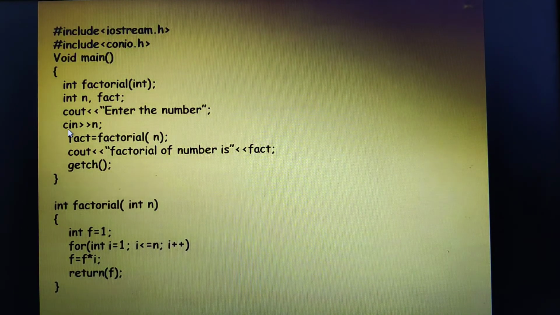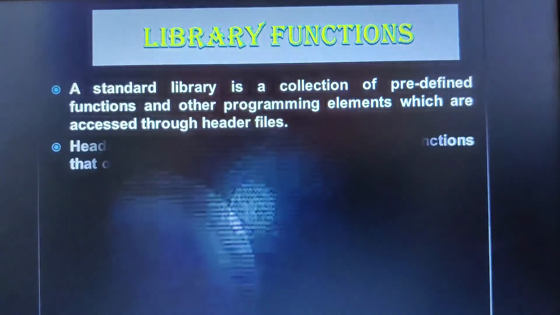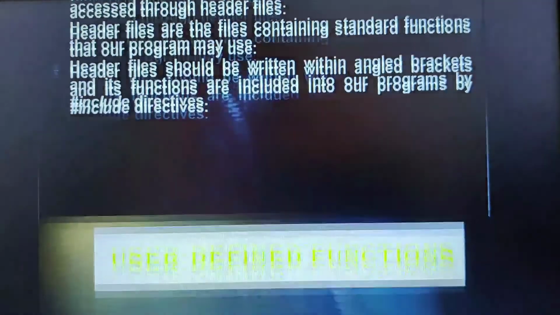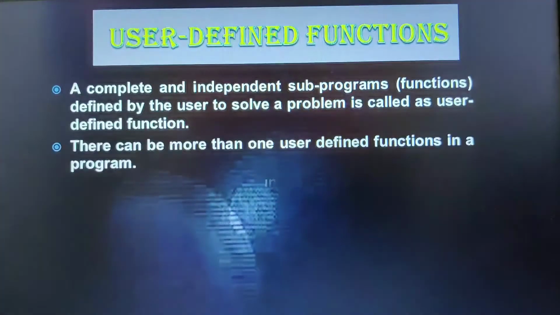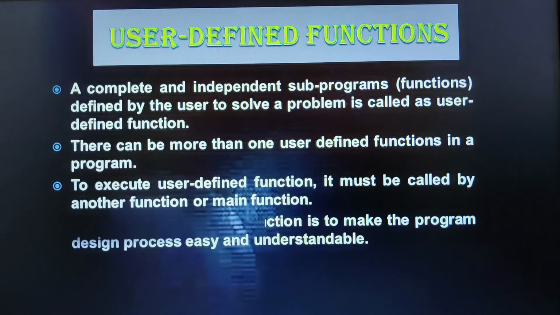If I had not written this particular statement, then the series of statements would never get executed. So it is very necessary, if you want to execute the subprogram or the functions, you need to make a function call, either from the main function or some other function. I hope you are able to understand the concept here. Yes, moving on to the next one.